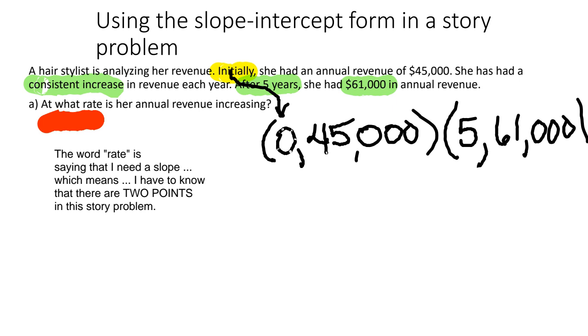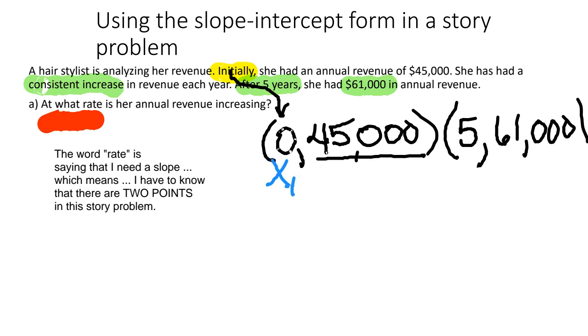For the first year, when we went from January 1st to December 31st, when she opened her store, that's initially that year she made $45,000 until we hit the second January 1st. We've completed a year. So that means when she did her taxes when she first opened the store, she's reporting $45,000. Well, now our slope comes into play.